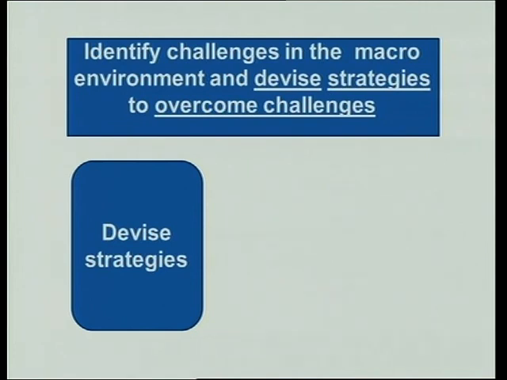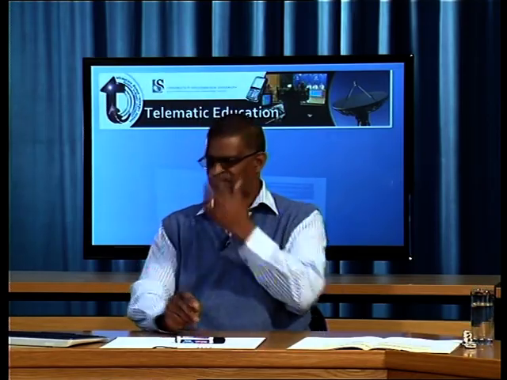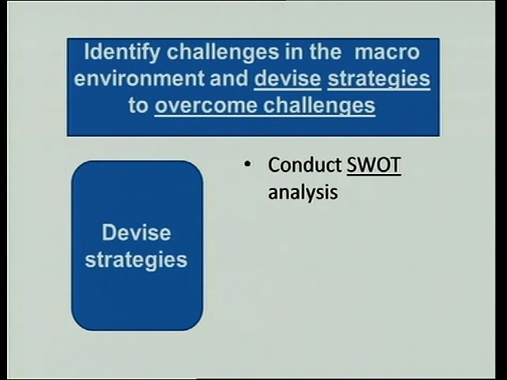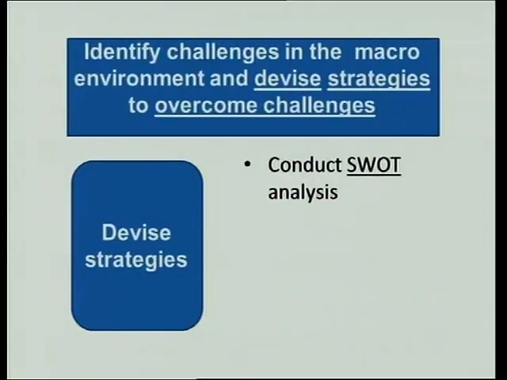Now there are 4 things that you need to keep in mind when you devise a strategy. What's the first thing? Whenever you devise a strategy, the first thing you need to do, you must conduct a SWOT analysis. Again, it's work that was done in grade 10, was even done in grade 9. So you must conduct a SWOT analysis. That's the first step. The second step is you must formulate a strategy.